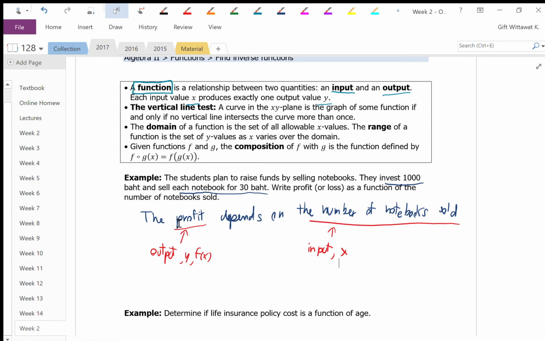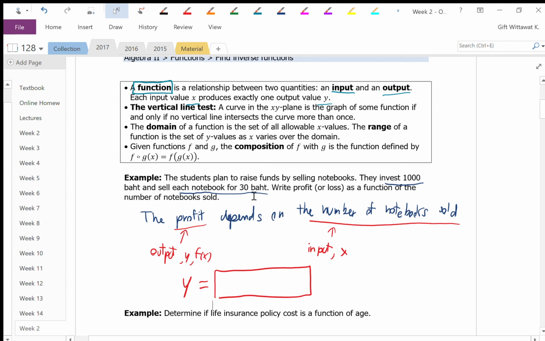So to represent a function, we usually use an equation, because I know y depends on the value of x. So I should be able to write y as something that has to do with x. In this case, I know I invest 1,000 baht, and for each notebook that I sell, I can sell it for 300 baht.